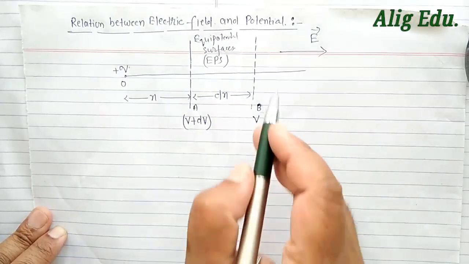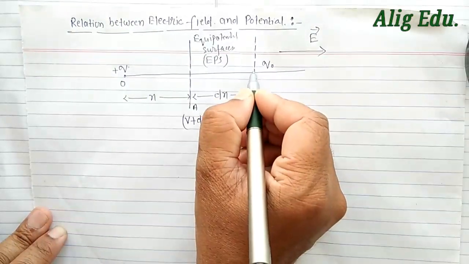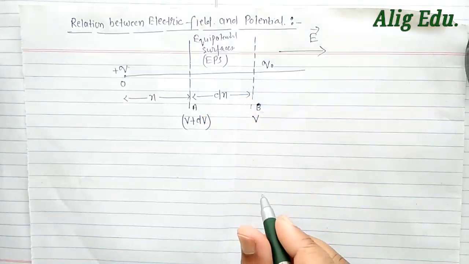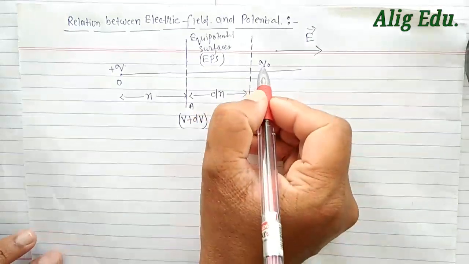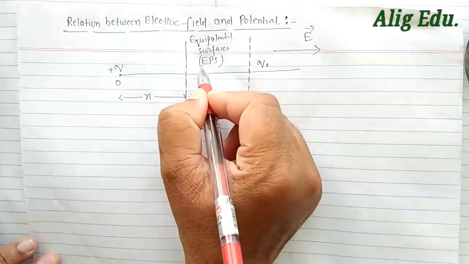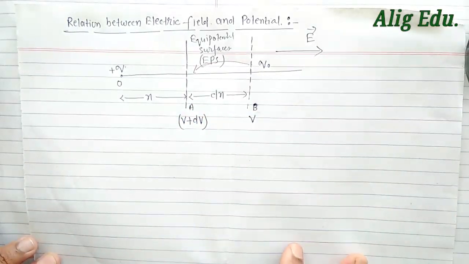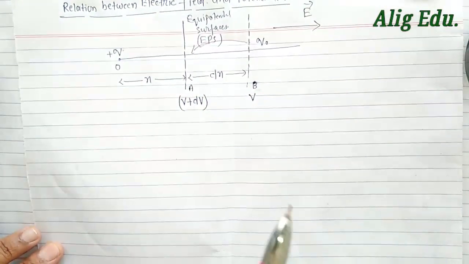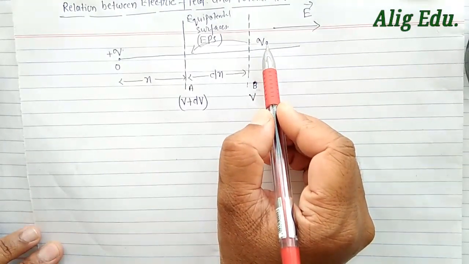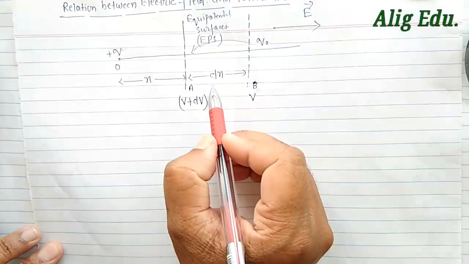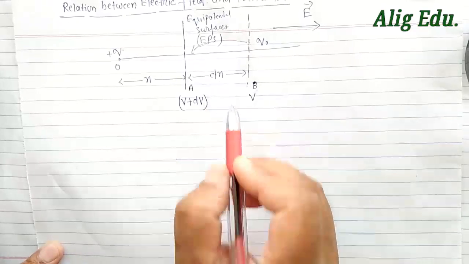Now we have to move a test charge Q naught from point B to A. So some work has to be done, and we are going to calculate the amount of work done in bringing this test charge from B to A. It will be a small amount of work because there is a small displacement dx.